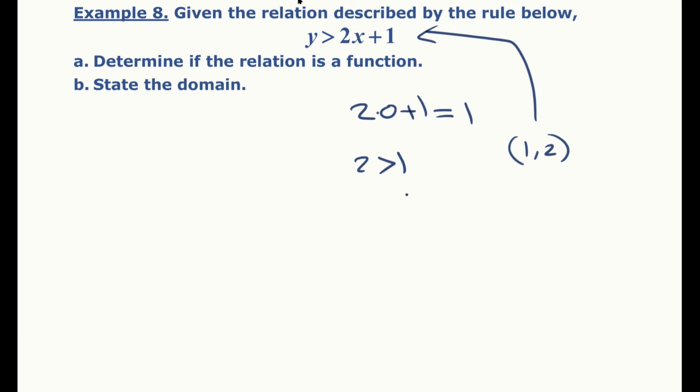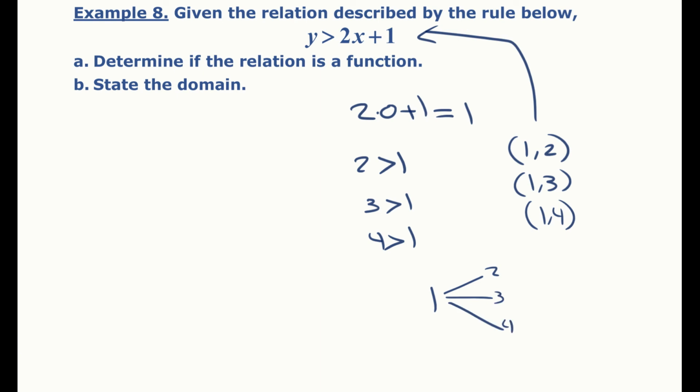What if I take 1? It's also less than 3. That means the ordered pair (1, 3) also satisfies this relation. Notice 1 is also less than 4, so I can easily see that (1, 4) also satisfies this relation. So notice that the same element 1 is paired with 2, with 3, with 4, etc. This definitely violates the requirements of a function, so this is not a function.